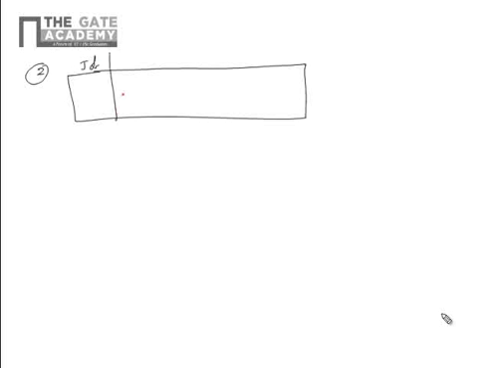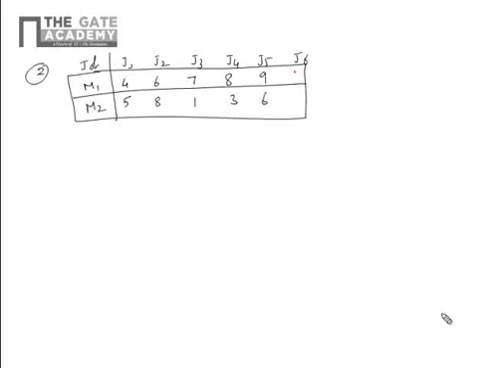Six jobs are given: J1, J2, J3, J4, J5 and J6. The six jobs are processed on two machines, with processing times 4, 5, 6, 8, 7, 1 and 8, 3, 9, 6, 1, 10.